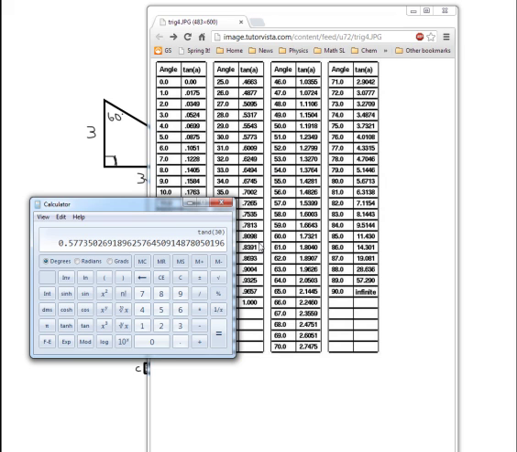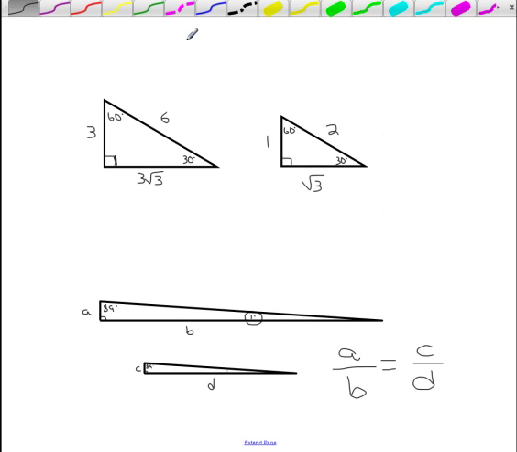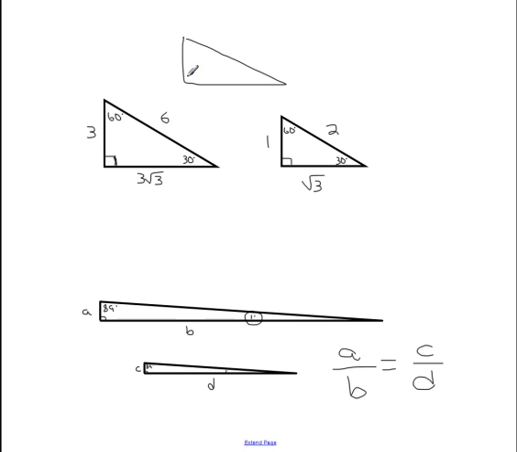So, we can say, well, if we have a triangle that has a 59 degree angle, so if I just had some random triangle here, and let's say this was 59 degrees, and I wanted to know the ratio between the opposite side over the adjacent side, so I was trying to find x over y, I would just plug into my calculator tan of 59 degrees.